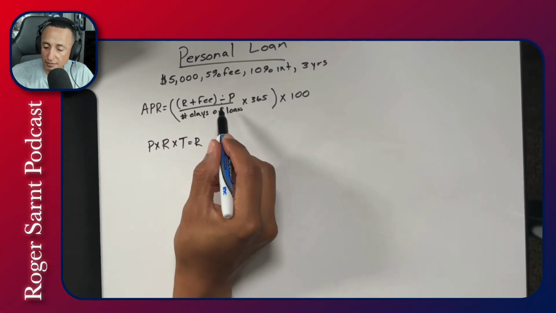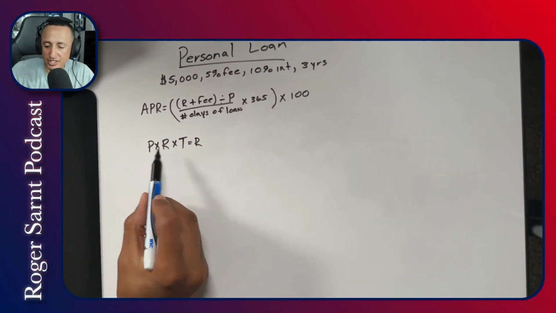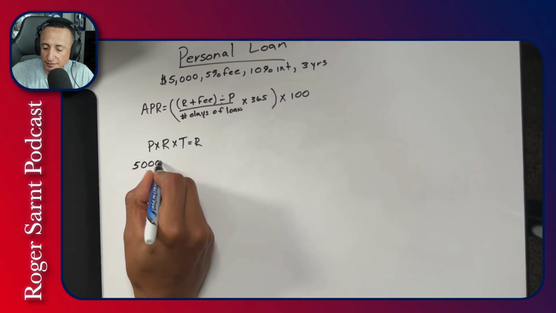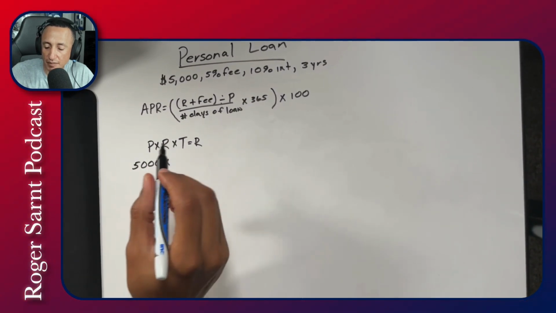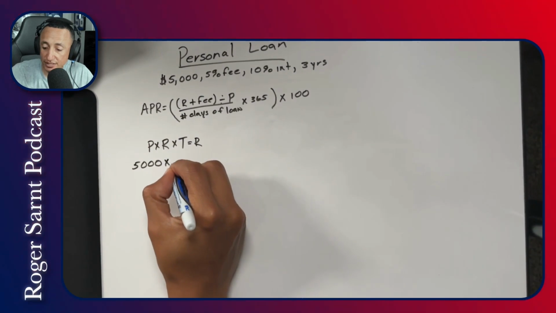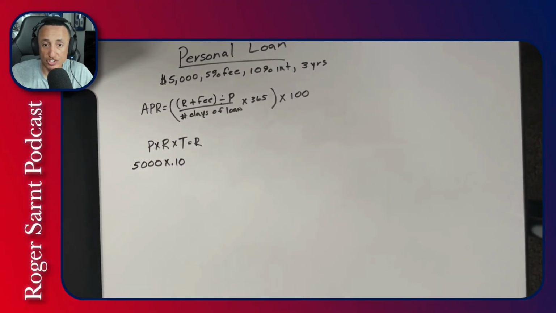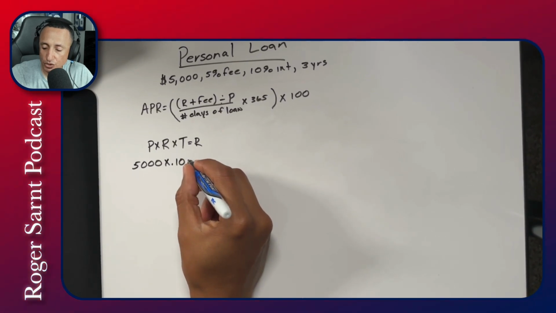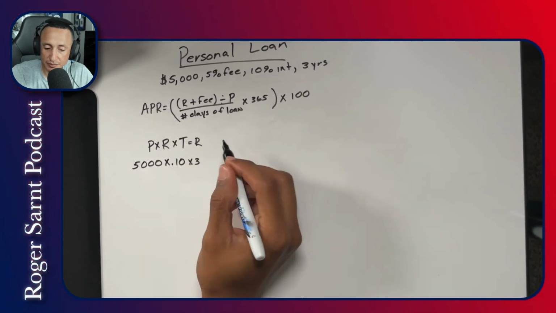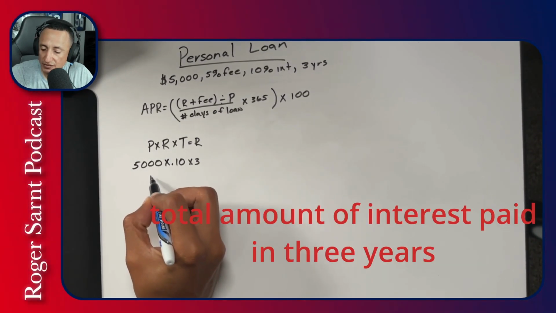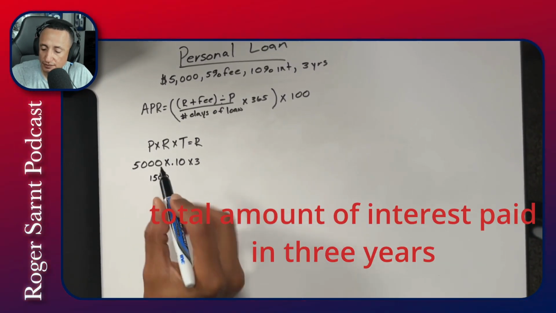So my principal is 5K and my rate is 10%. We're going to write that in a decimal format, 0.10. And we're going to multiply that by 3 years. And that's going to give me a total of $1,500.